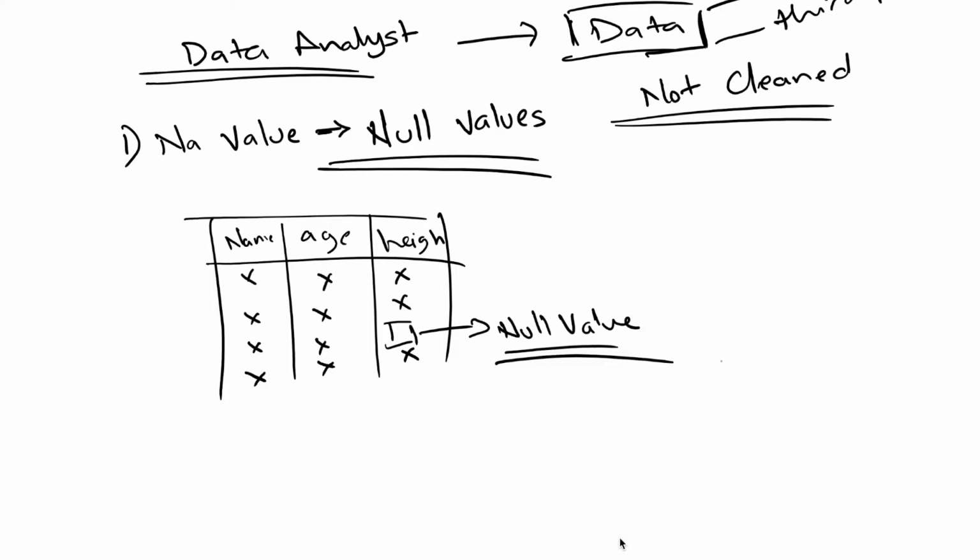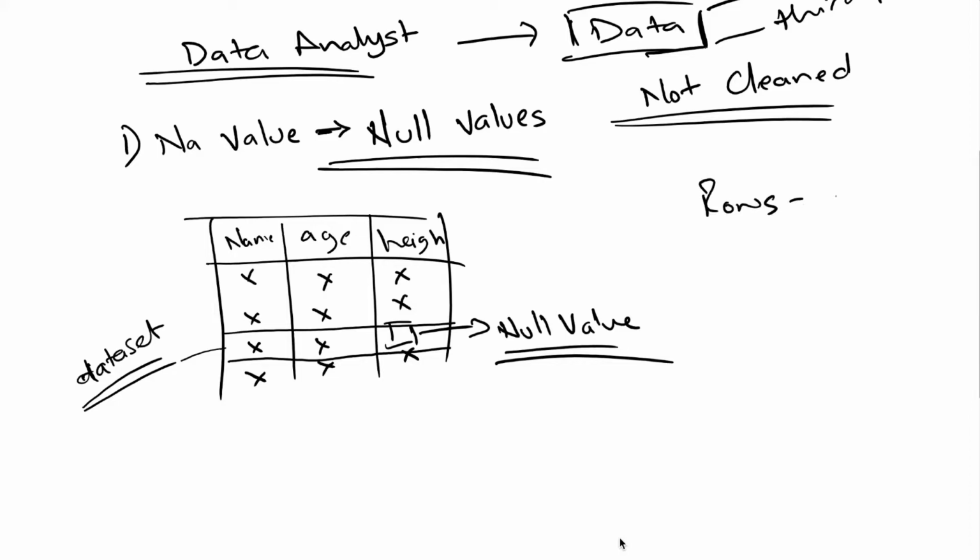Now, what you can do when you're cleaning this type of data set, the best thing to do is disregard this entire row and take it out from the data set. Now, if we try to understand how many rows we have, let's say we have 4 rows before the data was clean, and after we remove the null values, now we have 3 rows, but the columns remain the same.